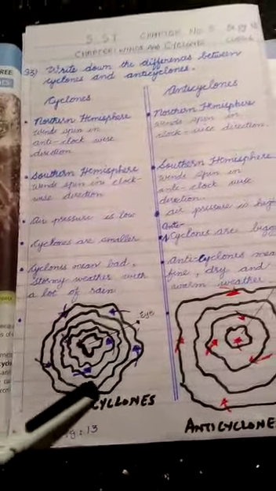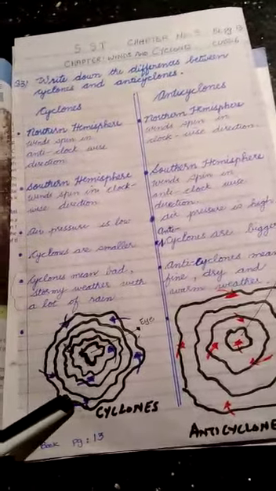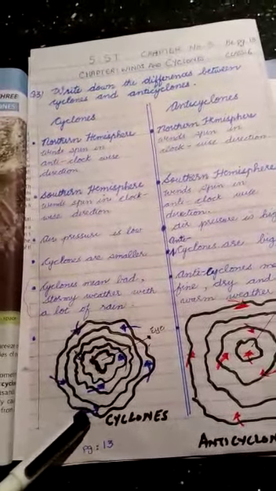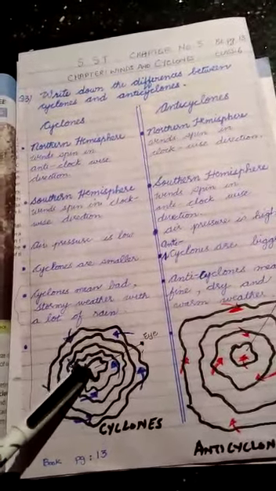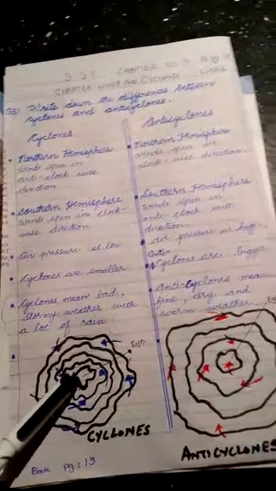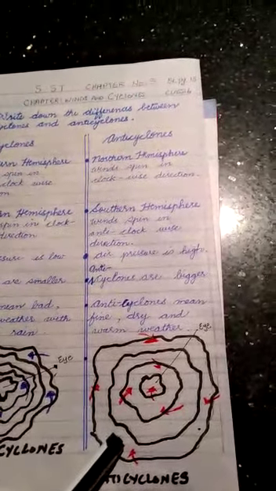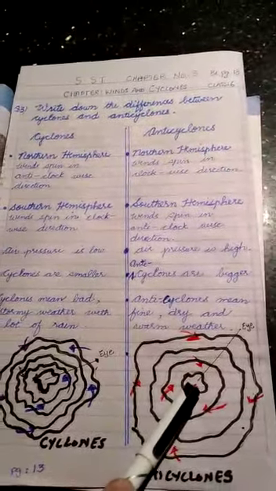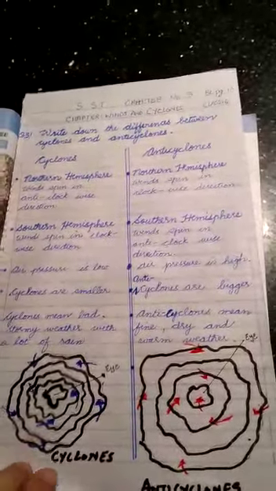And cyclones are shown like this, spiral movements, and these directions are shown through blue marker. These are very important, and this is the center point, eye. And this is the diagram of anticyclone shown through red marker, and this is the center point, eye. So you have to do this question and draw the diagram in the copy.